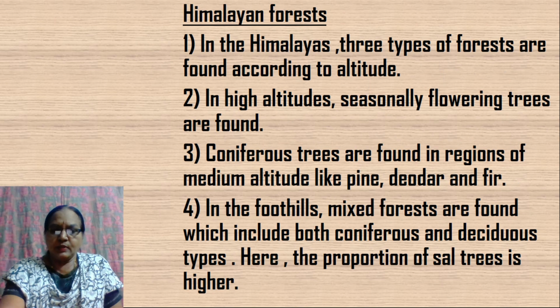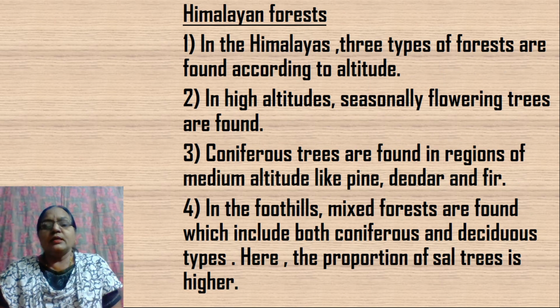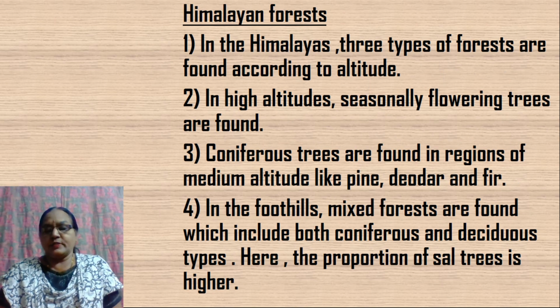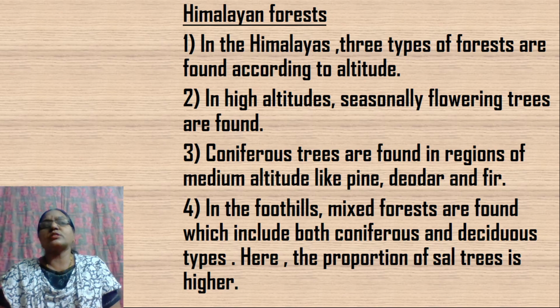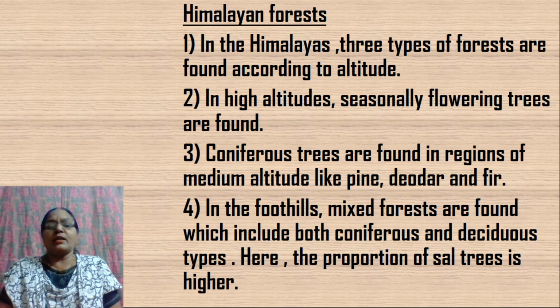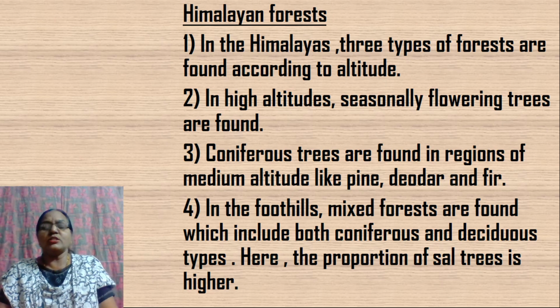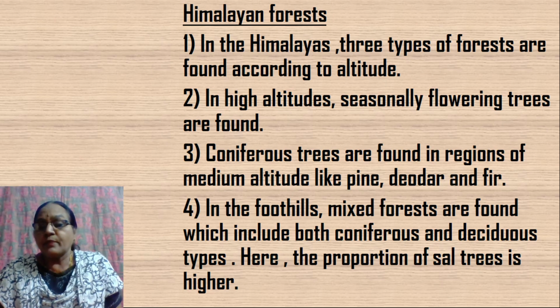Then next is Himalayan forests. Now, Himalayan forests can be classified into three based upon the altitude. In the higher altitudes, that is above say 3,000 meters, we find only seasonally flowering trees, because in winters the ground gets covered with snow.